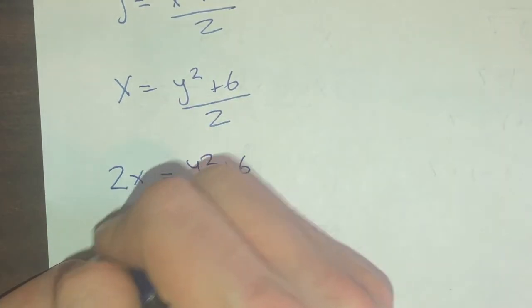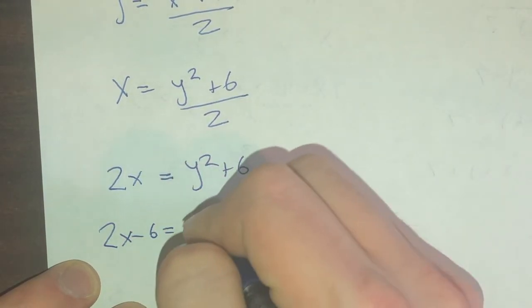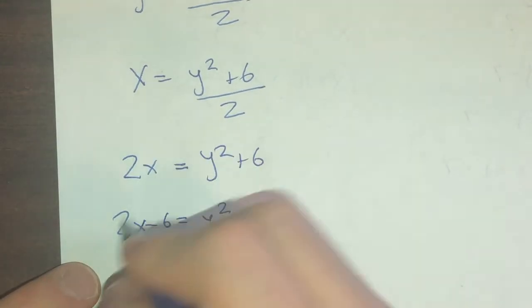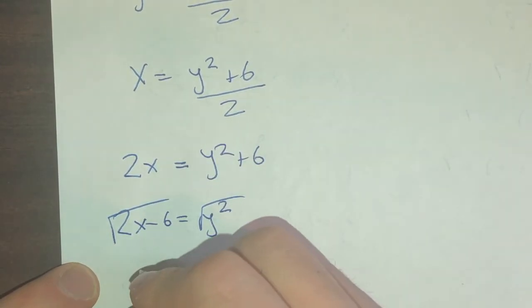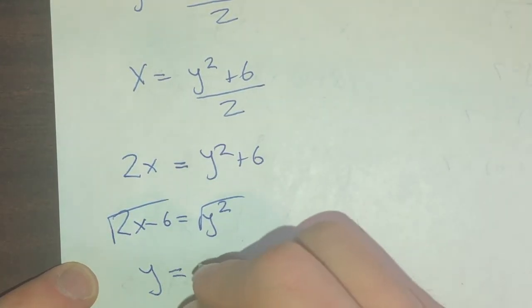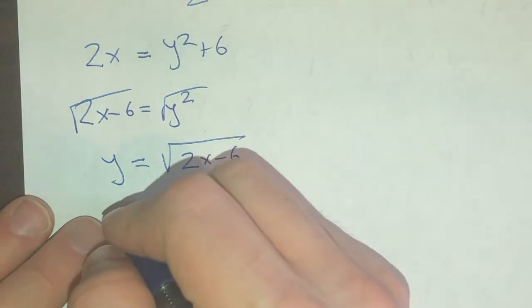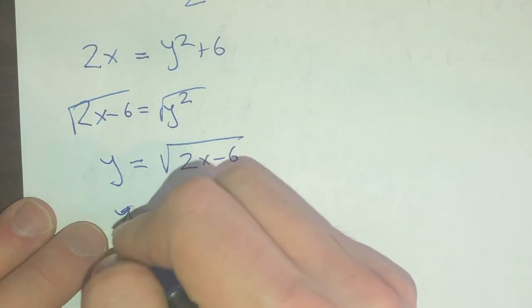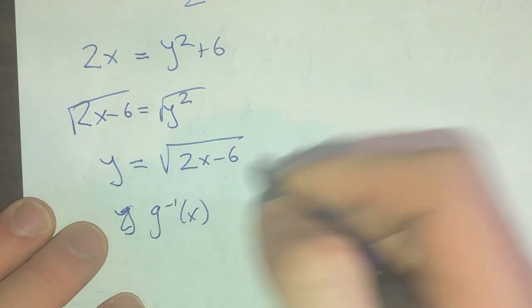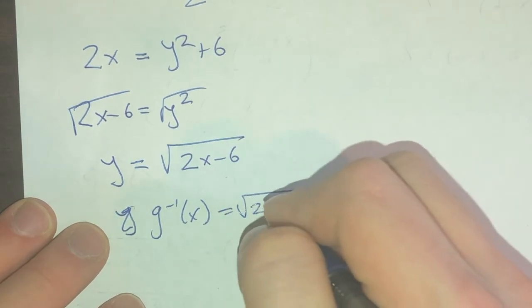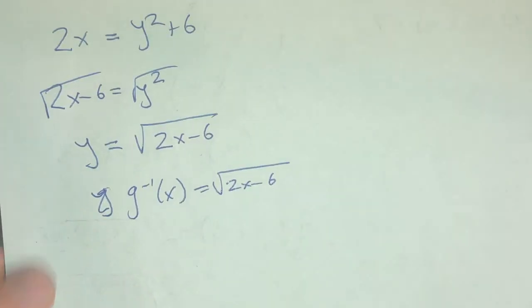We subtract 6 on both sides. And then to get rid of the y squared, we square root. So we get y equals square root 2x minus 6. Okay, which in turn means that g inverse of x equals the square root of 2x minus 6.